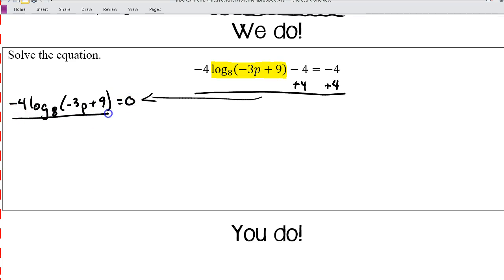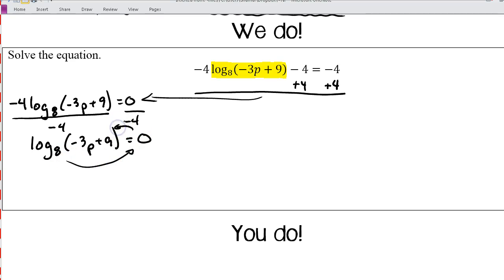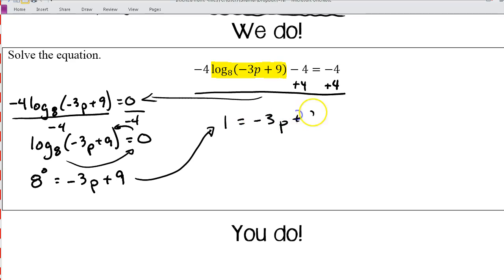Then I'm going to divide both sides by negative 4. So I get the log base 8 of negative 3p plus 9 is equal to 0. And then I'm going to rewrite this in exponent form. So I have 8 raised to the 0 is equal to negative 3p plus 9. And I know that 8 to the 0 is 1, so I have 1 is equal to negative 3p plus 9.